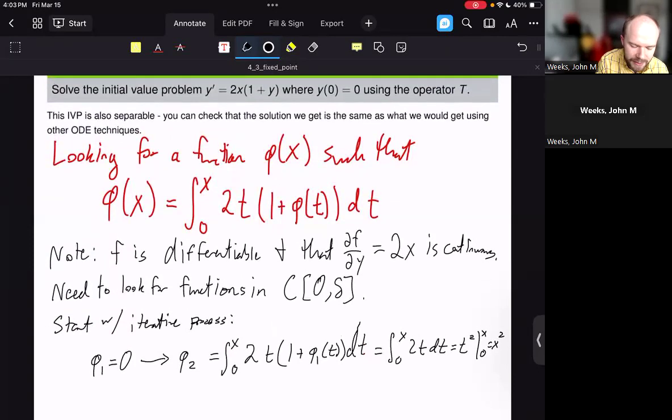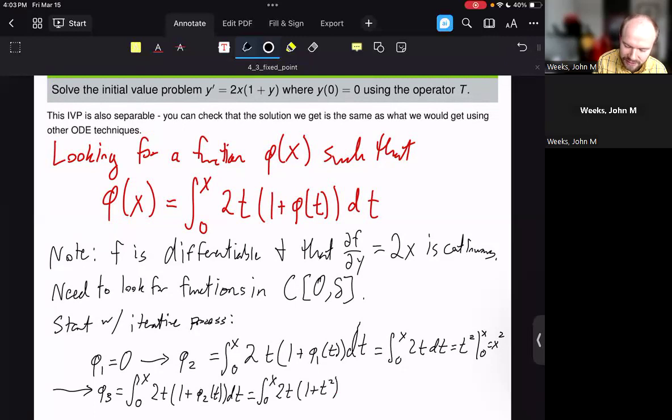That's now going to give me what I want to plug in for the function phi sub 3, which is, I would like to now integrate from 0 to x 2t times 1 plus phi sub 2 of t, which in this case is going to be equal to t squared. So I'm plugging in t, notice here, because that is now my integrating variable for this.